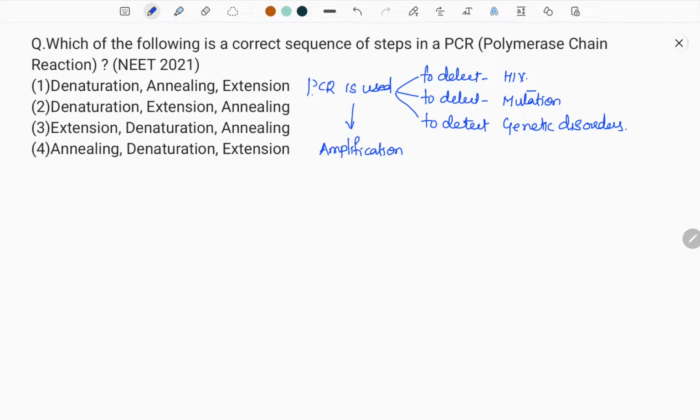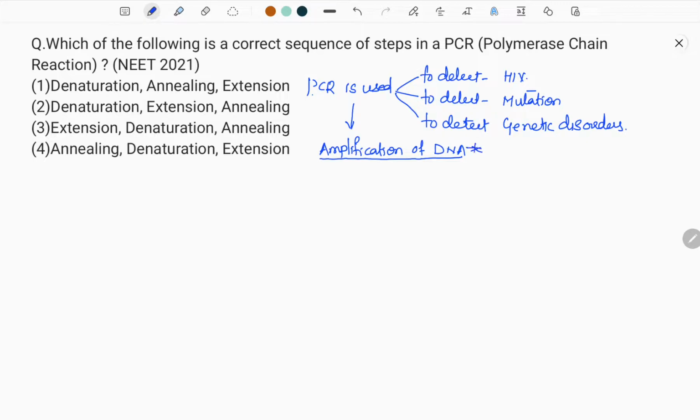That is, when one dsDNA is given to the thermocycler, the given DNA is multiplied many times in a short span of time. That is, amplification of DNA is the main root cause of the three detections.